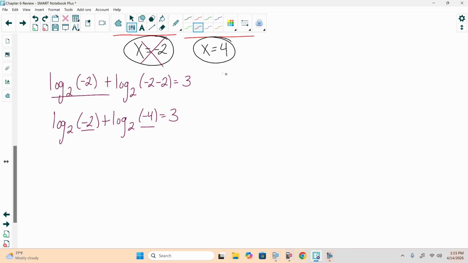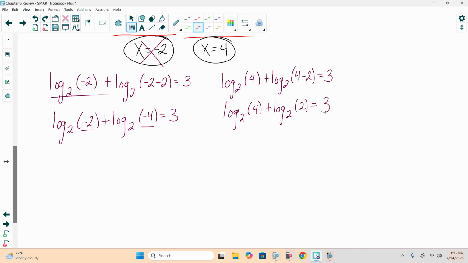And we can check the other side. Log base 2 of 4 plus log base 2 of 4 minus 2 equals 3. If we simplify what's inside each of these parentheses, we get log base 2 of 4 still, plus log base 2 of 2.